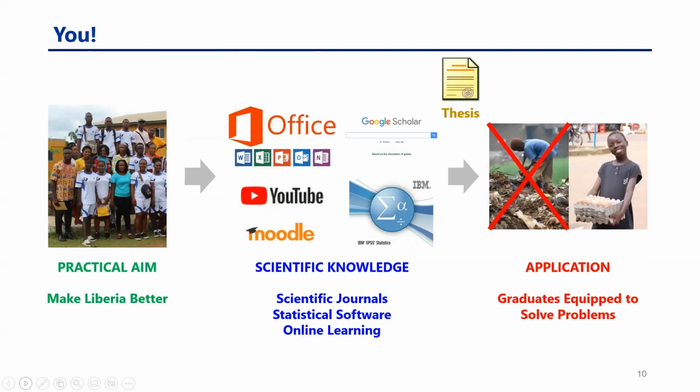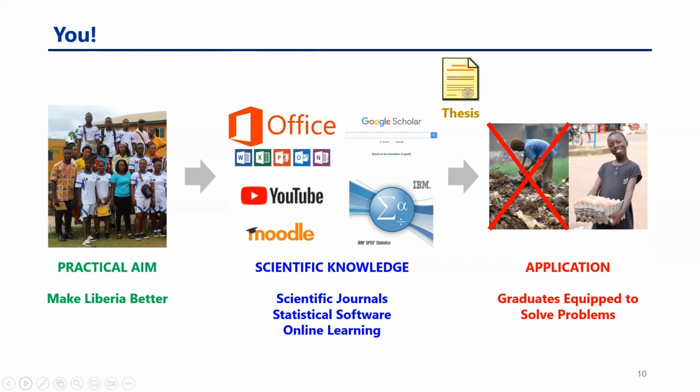And technology applies to you, both in this class and future classes, and also in your thesis. As a member of this school, you have the practical aim to make Liberia better.